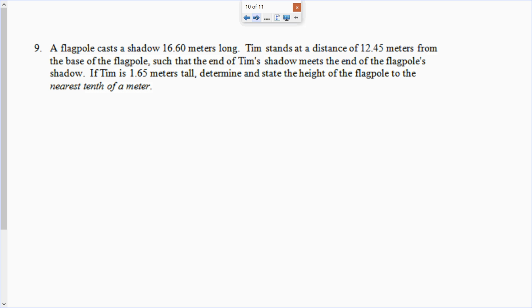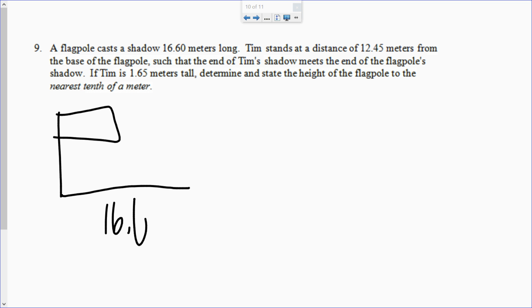A flagpole casts a shadow 16.6 meters long. So, here's my flagpole. You see shadows on the ground. So, the shadow is right there. That's going to be 16.6.